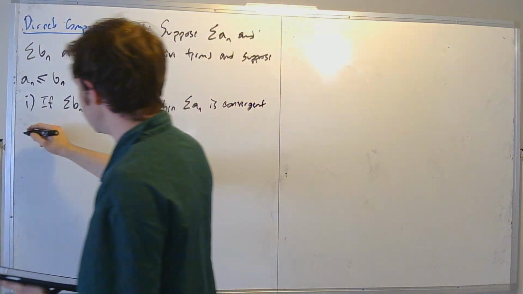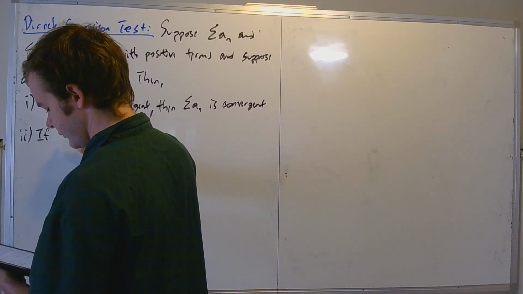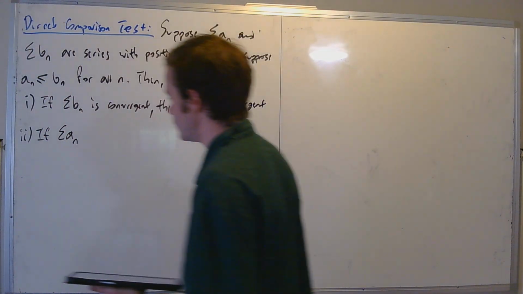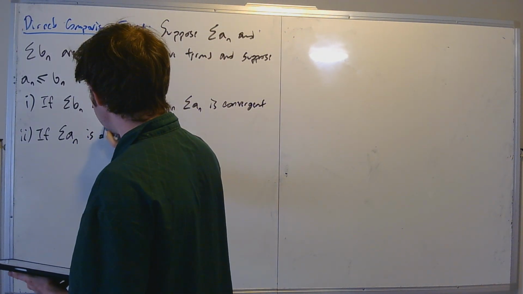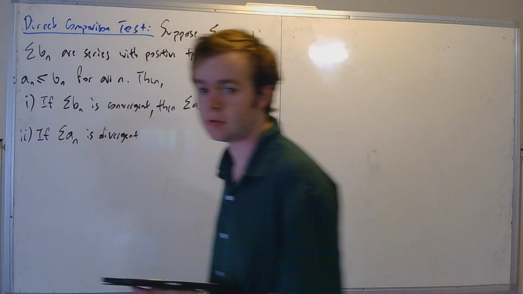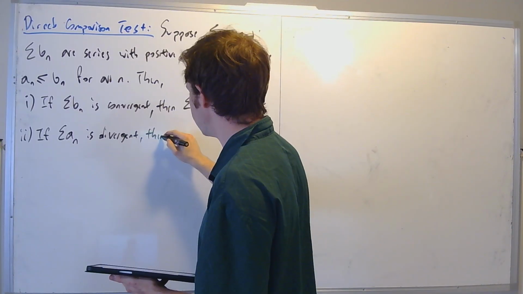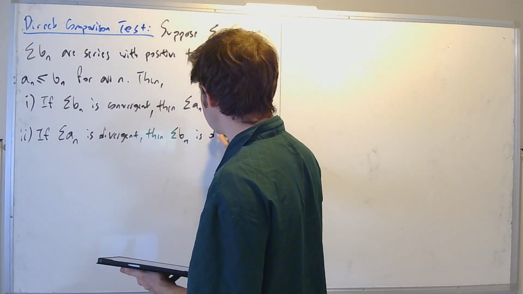Okay. And part 2 is going to say, if the sum of the entries in sequence a is divergent, so if the smaller series is divergent, then the bigger series better also be divergent. Then the sum of bn is divergent.